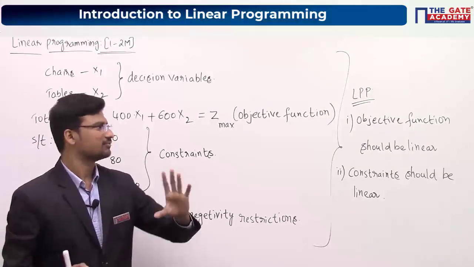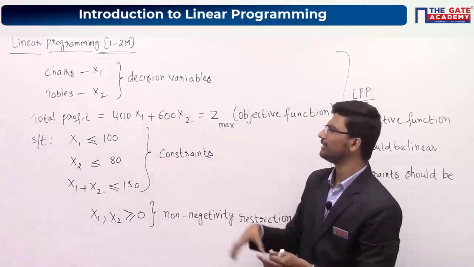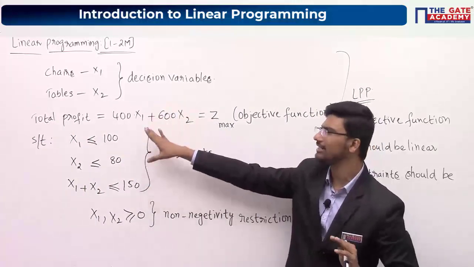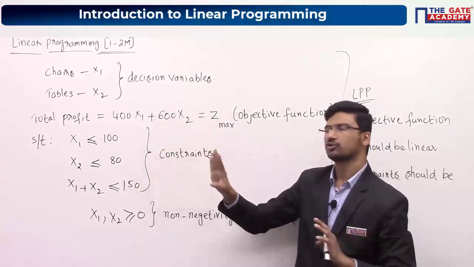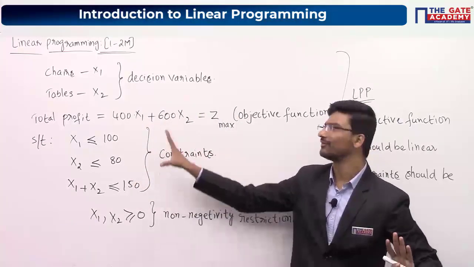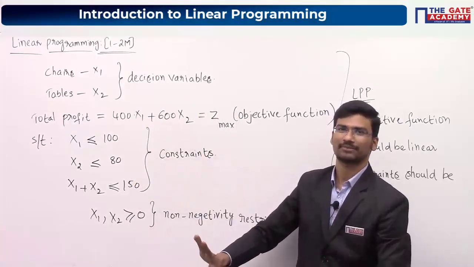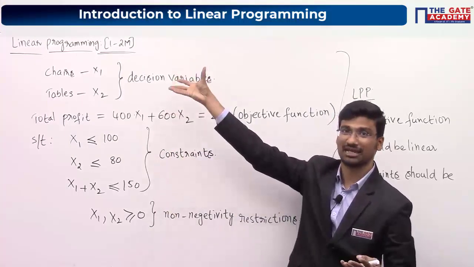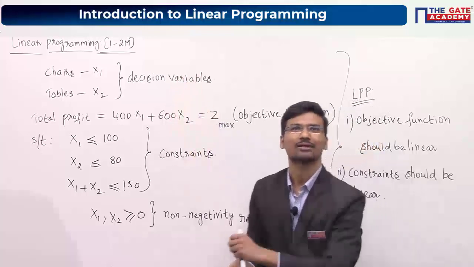That means we are not dealing with any quadratic or cubic equations here. We will always deal with linear objective functions and linear constraints, or linear inequalities. That's why the name of the chapter is linear programming, not non-linear.